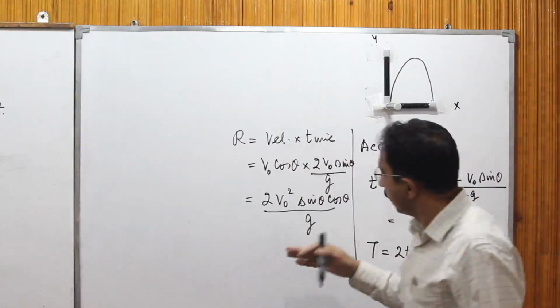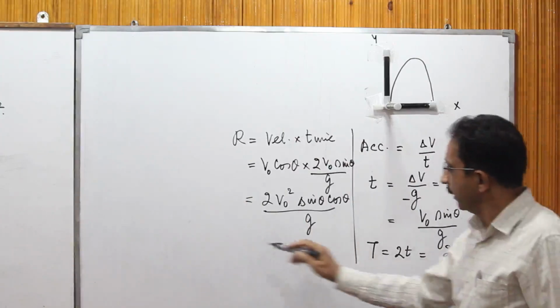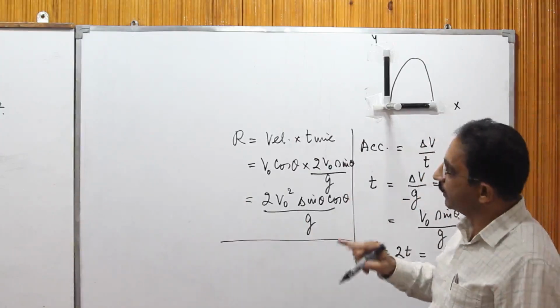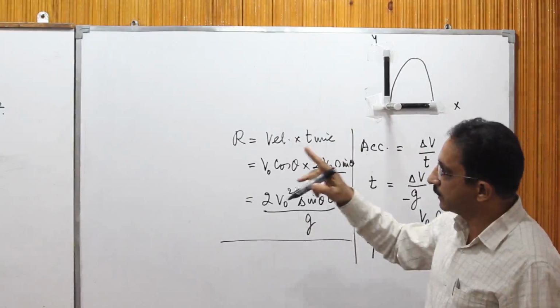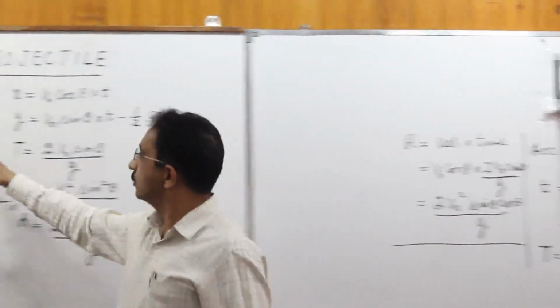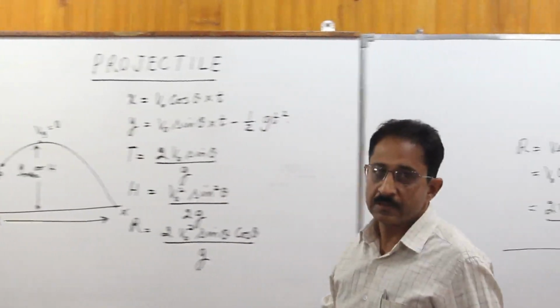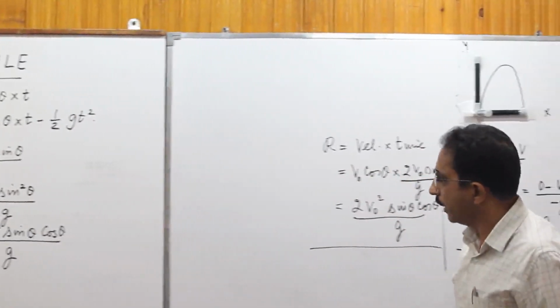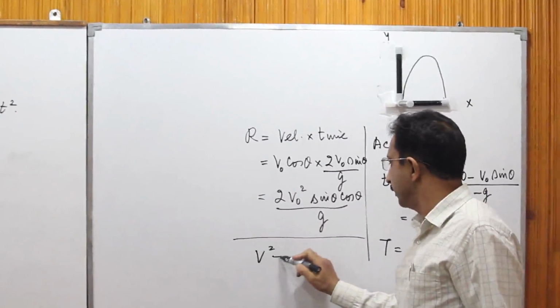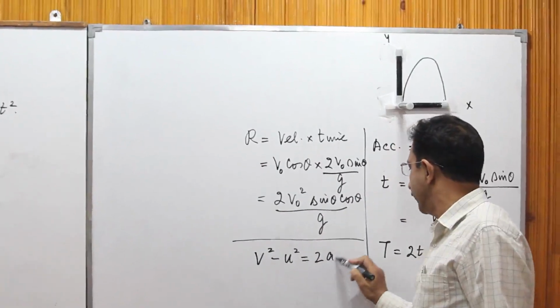Now, if I think of y maximum, again very simple. Y maximum is that thinking of the vertical motion again, I have a certain point where final velocity is 0. I have the certain point where initial velocity was v0 sin theta. So I would like to get y. So I use the relation v square minus u square is equal to 2as.